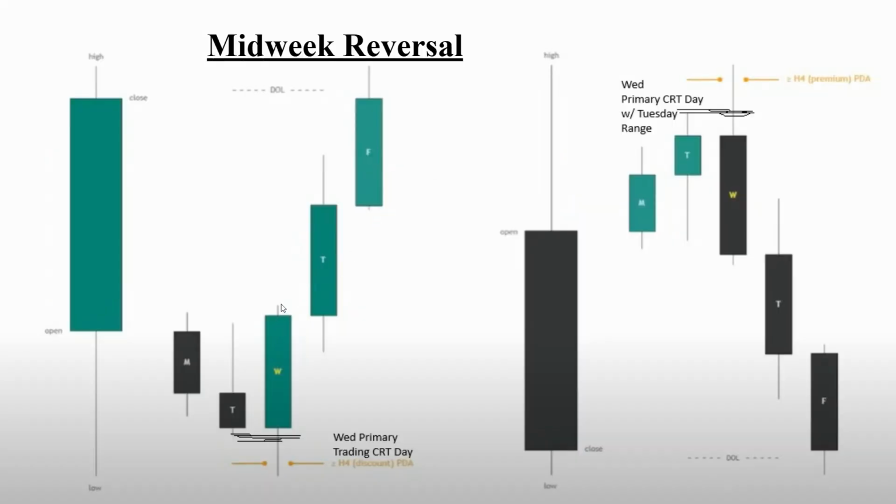If you get a Wednesday close like this, where it's above the weekly open, this is the weekly open right here, and this is Tuesday's high right here. So basically, it's this chart right here. If Wednesday pokes below Tuesday's low and closes all the way up here above Tuesday and above the weekly open, this is the strongest sign that the reversal is legit.